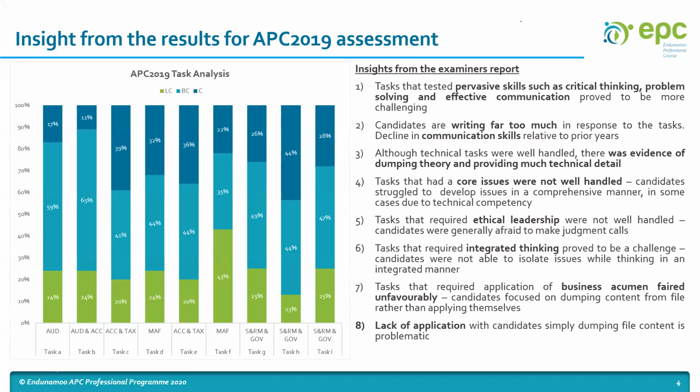Then number 4, one of the things that came out also from that report is that the tasks that had a core issue in them were also not well handled. So when we say a core issue, when you review tasks, there will be a lot of things happening, as we'll see when we analyze different documents.